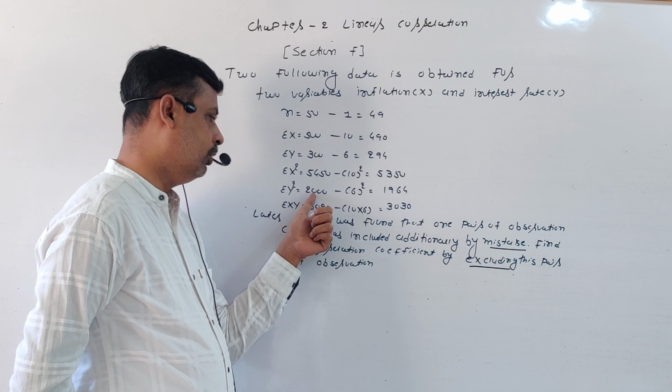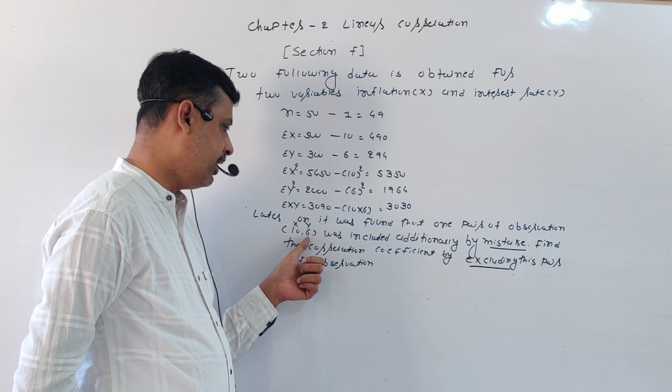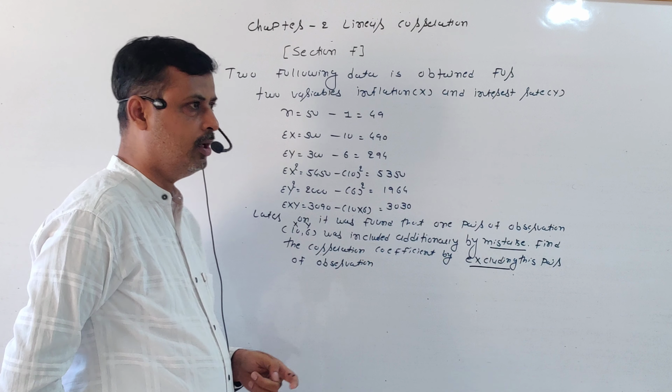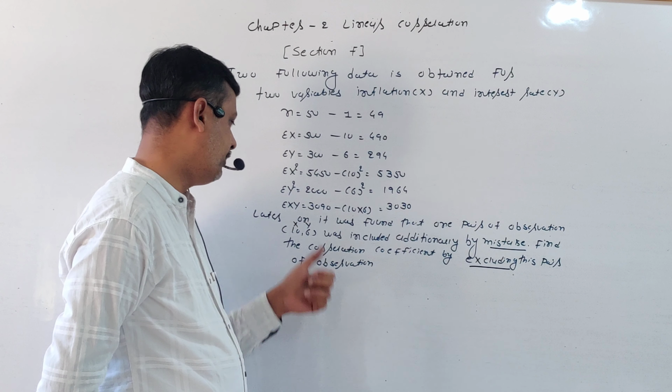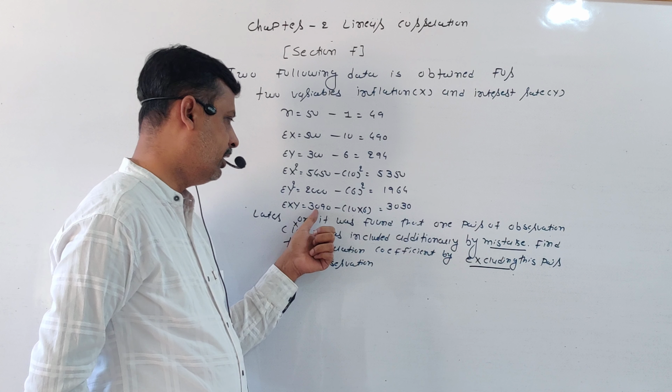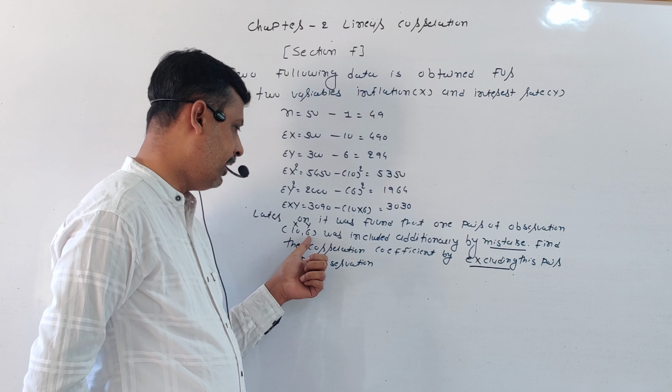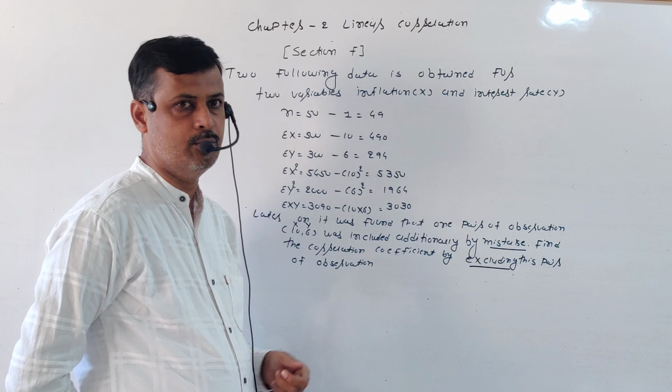Sigma y square is 2000, y taken as 6, 6 square is 36, so 1964. Sigma xy is 3090, x into y is 10 into 6 is 60, so 3030.